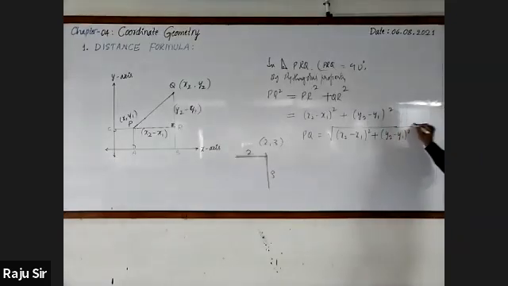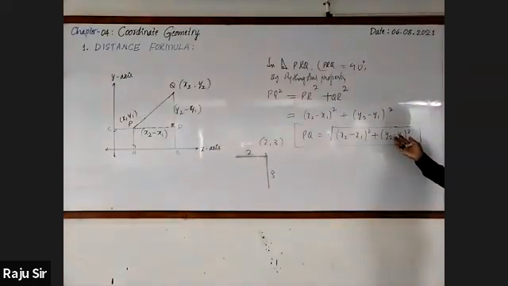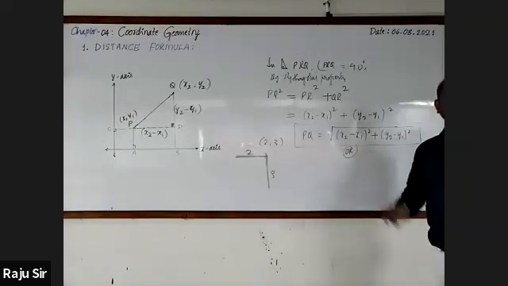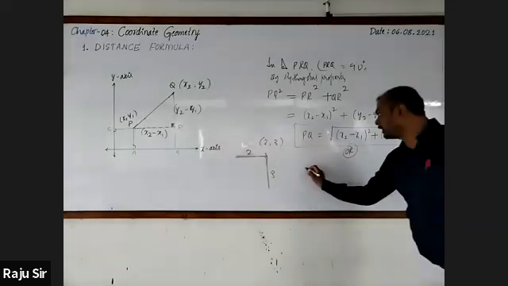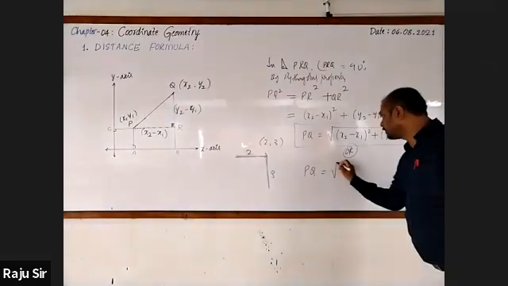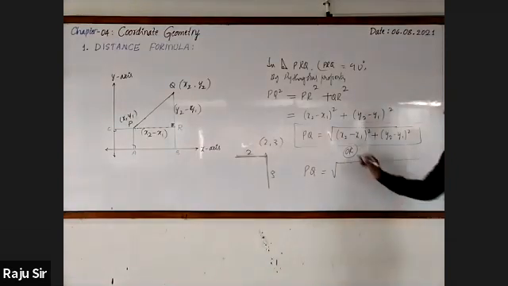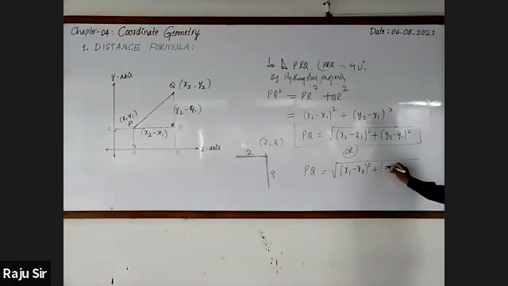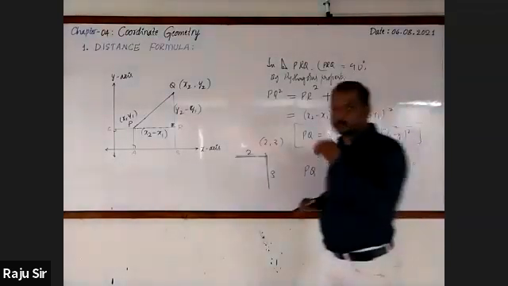So this is called the distance formula. This can also be written as PQ equal to the square root of x1 minus x2 whole square plus y1 minus y2 whole square.